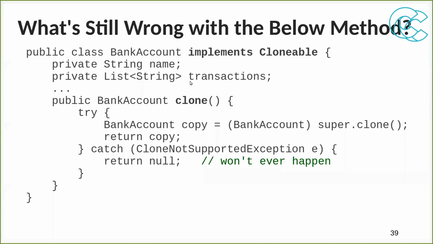This is very similar to your Car, for example: you say Car c. In the same way, you are here saying that transactions is of type List, and List is a class. If you have non-primitive data types, then just using super.clone would be an issue, and we'll see what the issue is.